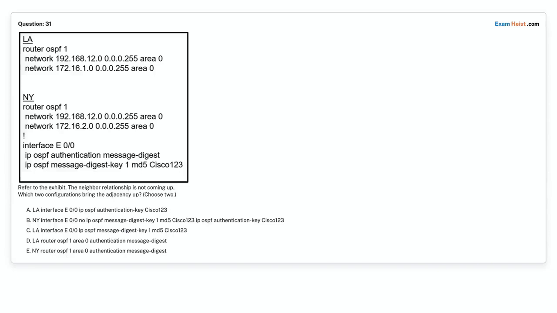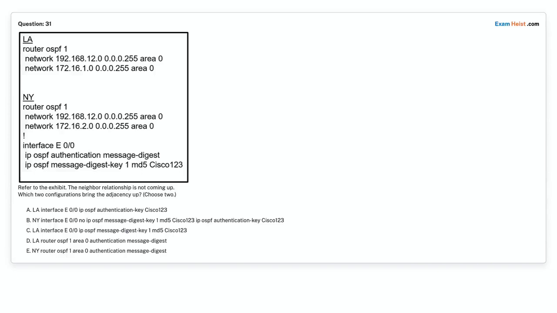Option C. LA interface Ethernet 0/0, ip ospf message-digest-key 1 md5 Cisco123. Option D. LA router ospf 1, area 0 authentication message-digest. Option E. NY router ospf 1, area 0 authentication message-digest.